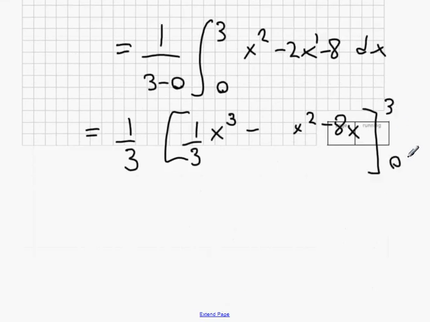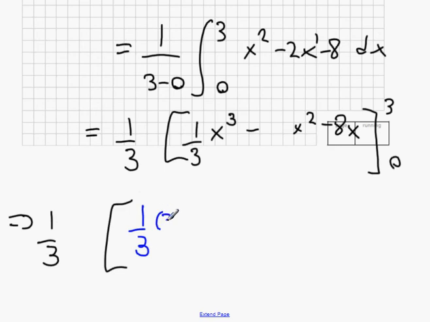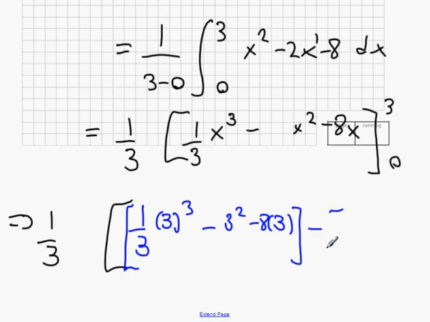Now, you can do this 2 ways. You can multiply in a third now and do your limits after, or you can do your limits first and then multiply the answer by a third. So, a third times whatever's going on here. So, a third, 3 cubed minus 3 squared minus 8 times 3, and then close that, and then it's going to be minus just all zeros, aren't they?